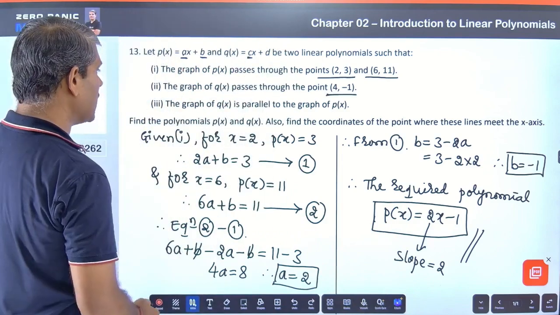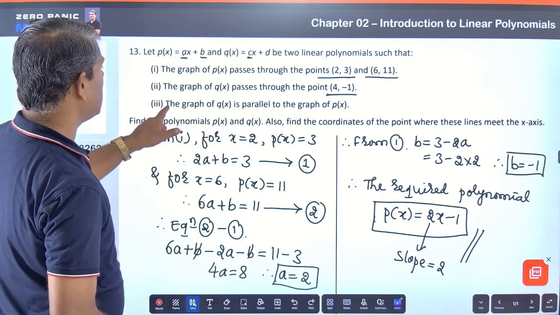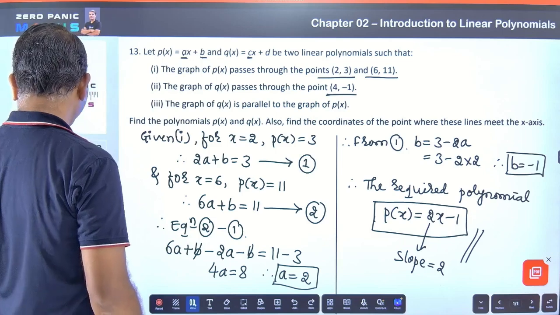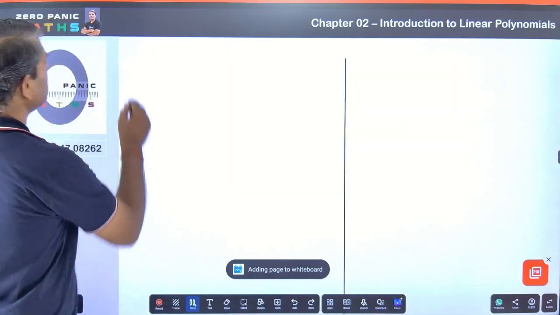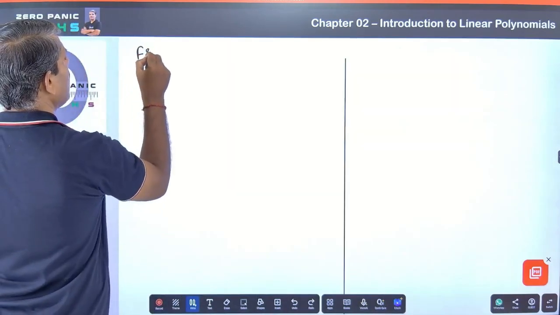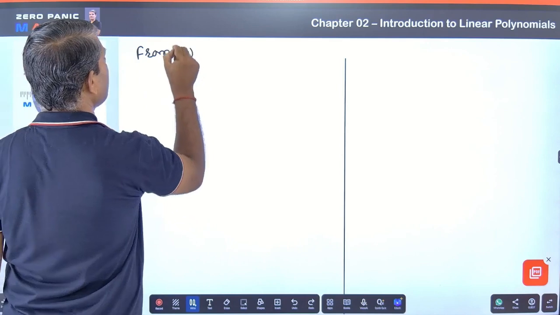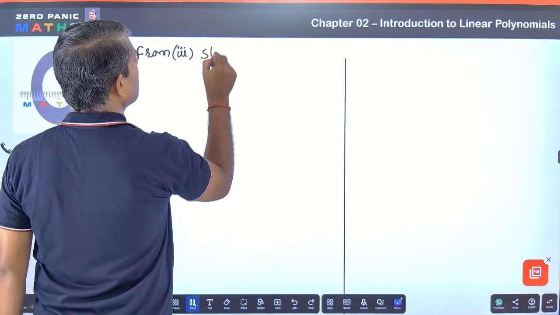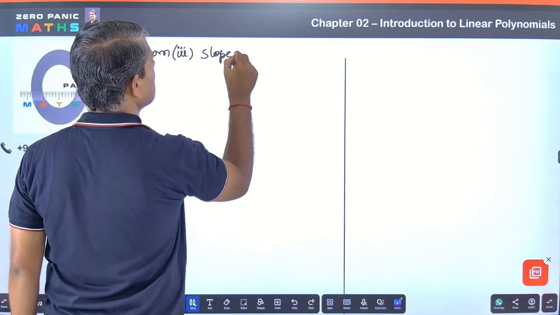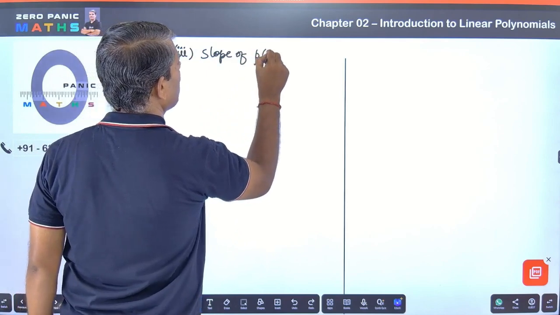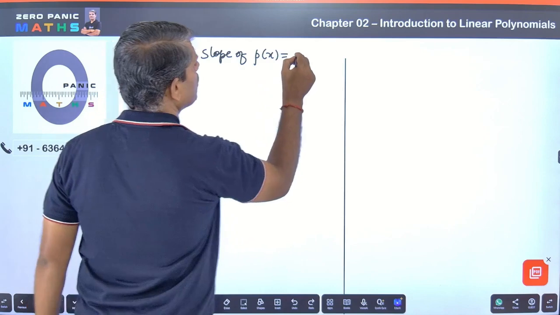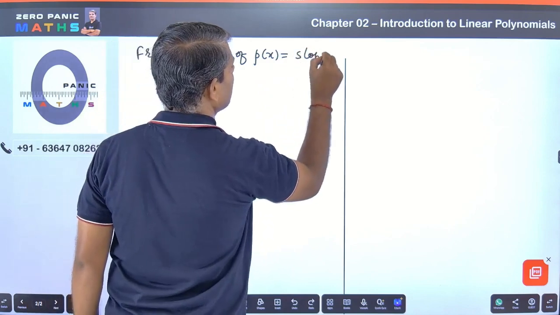Now let us continue and make use of the point 3. From 3, what they are saying here is, slope of p of x is equal to slope of q of x, right?